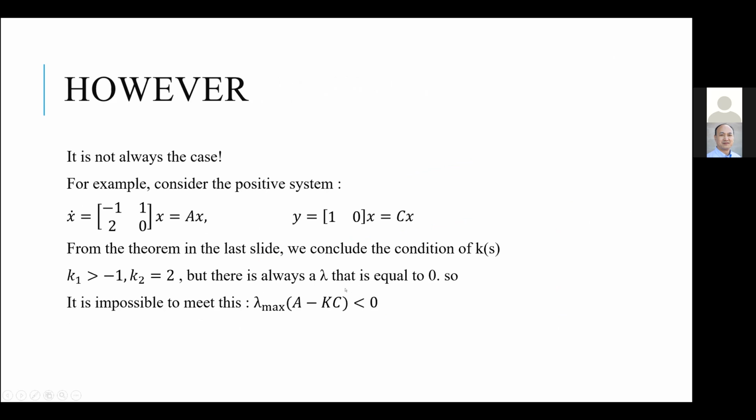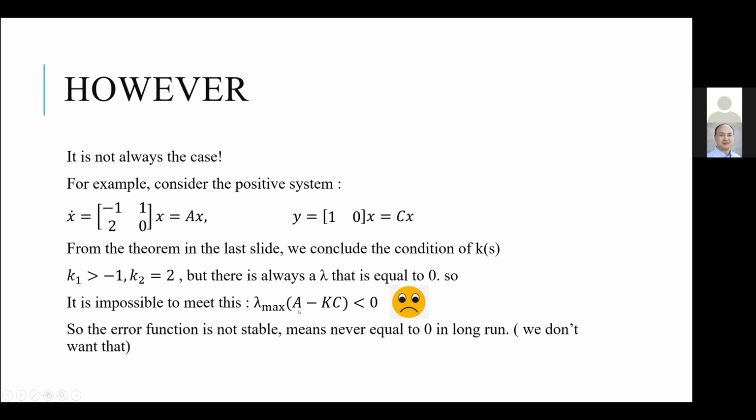So it's impossible to meet lambda less than 0 because there's one equal to 0. That's not a good sign. The error function is not stable in this case because your lambda is not negative. So you are not able to get a positive observer for this positive linear system.